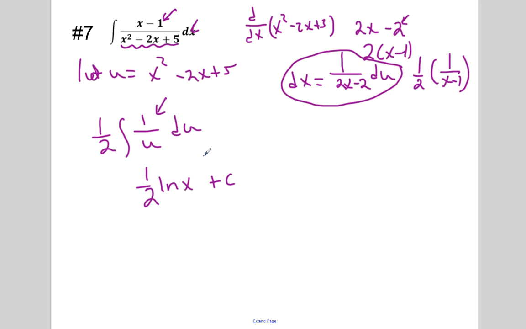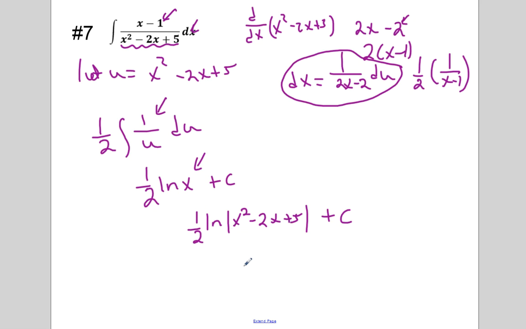As previously discussed, we have a domain issue. We want to make sure that we extend the domain to both sides of the graph. So we're going to resubstitute in what u stood for: the natural log function, absolute value of x squared minus 2x plus 5, plus my constant.